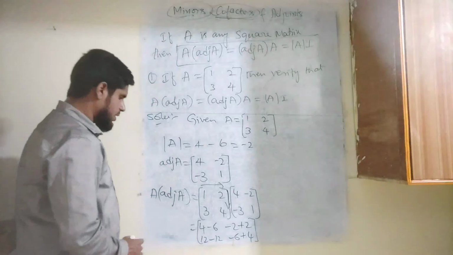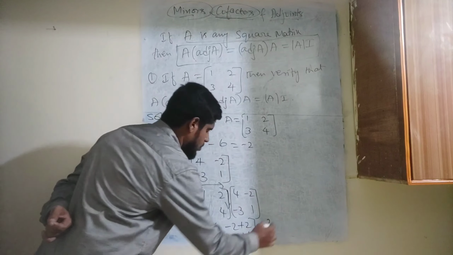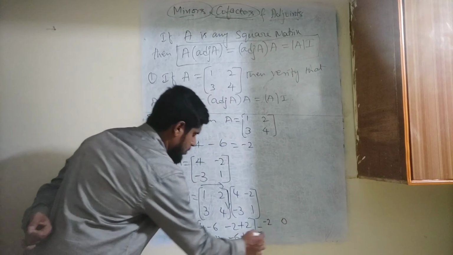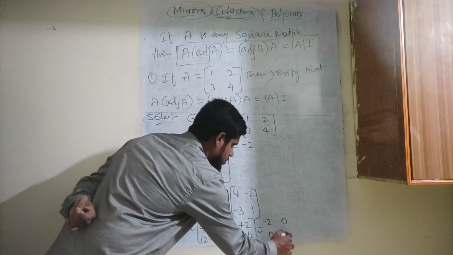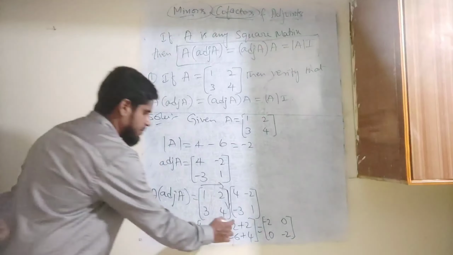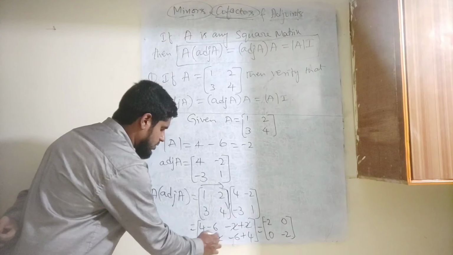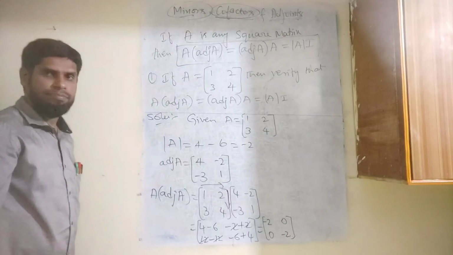So students, what is A into adjoint A? [-2, 0; 0, -2]. Because here minus 2 plus 2 gets cancelled, and here plus 12 minus 12 gets cancelled.